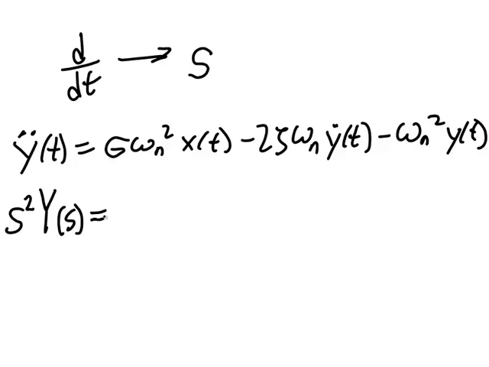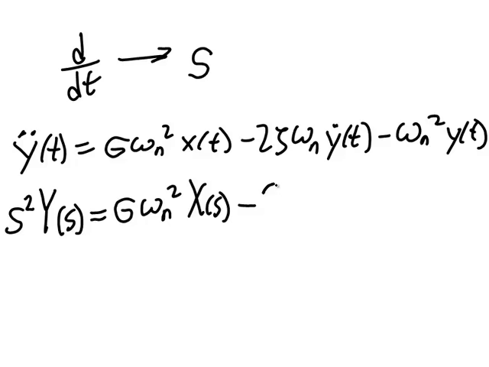Now let's move on. The Laplace transform of a constant times a variable is just the constant, so we don't have to change these constants at all. X of t simply becomes X of s. I don't multiply or divide this term by s because x of t does not have the derivative. It's not the derivative of x of t, it's just x of t. Next, we have the variable y dot.